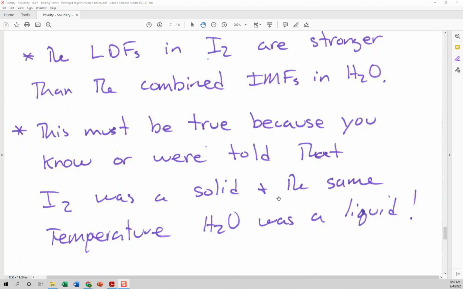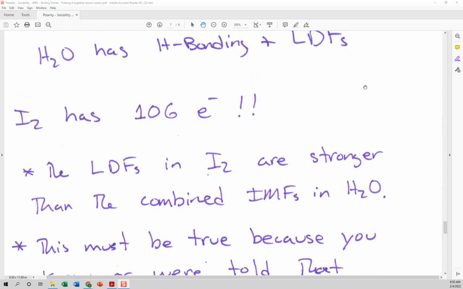And I would accept that answer if I didn't remind you that iodine was solid. But if you know iodine's a solid at the same temperature water's a liquid, that is a way to tell you that iodine's IMFs are stronger than water's IMFs. So it just must mean that iodine's London dispersion is stronger than the combined IMFs of water, okay?